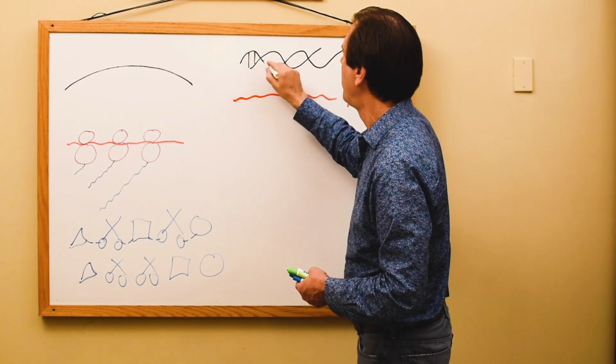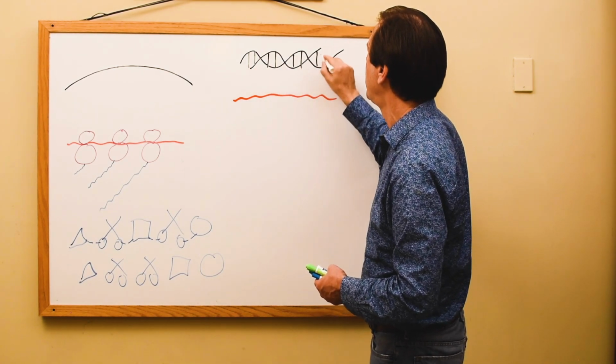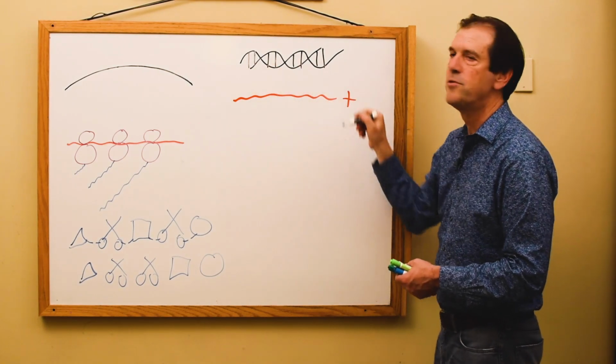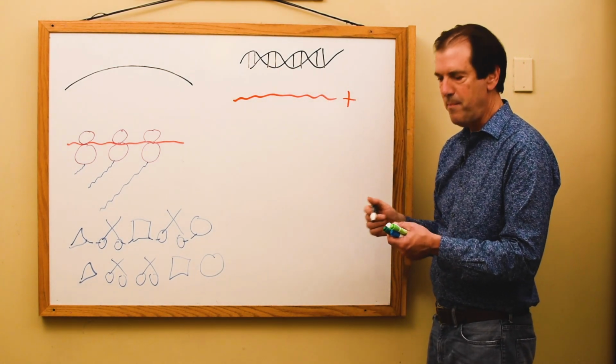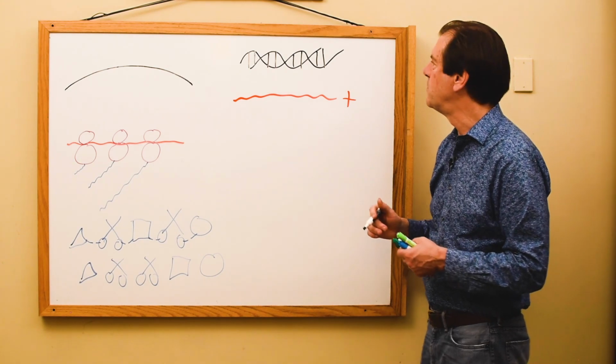So DNA, you have bases that, DNA is double-stranded, first of all. You have 2 different strands, and they're linked by bases bonding to each other.